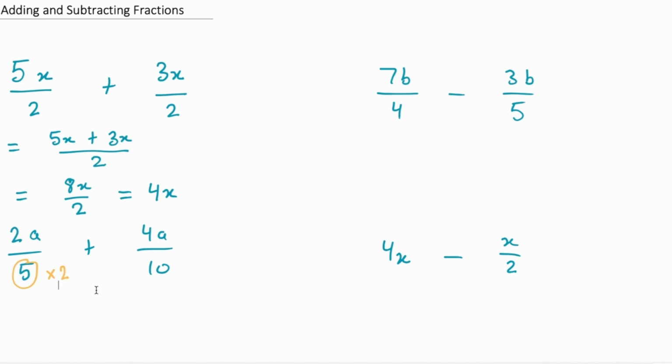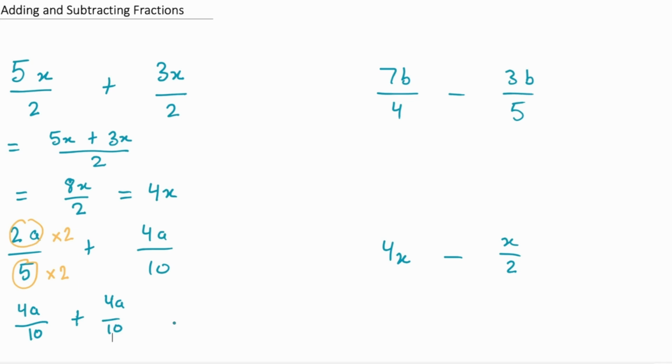Now remember the second step. We need to readjust our numerator accordingly. So if we've multiplied our denominator by 2, we also need to multiply its numerator by 2 as well. So let's go ahead and write out what the appropriate answer would be. 2a times 2 gives us 4a over 5 times 2, which gives us 10, plus 4a over 10.